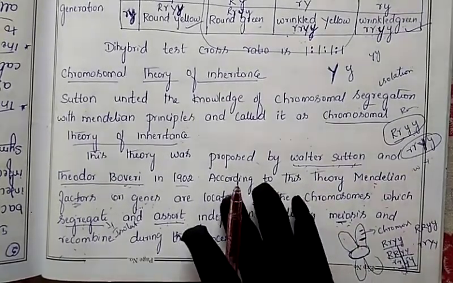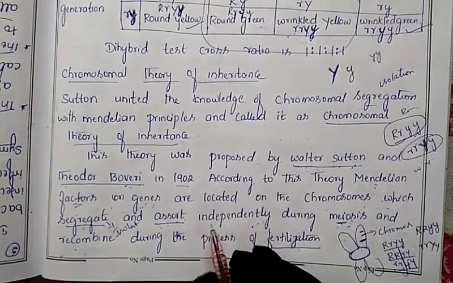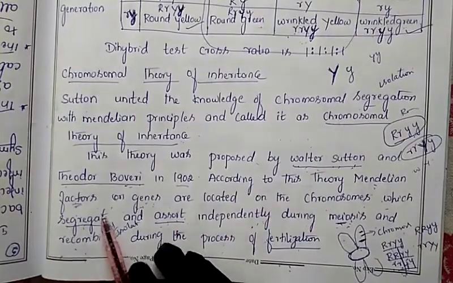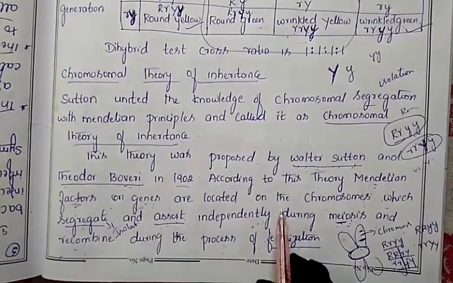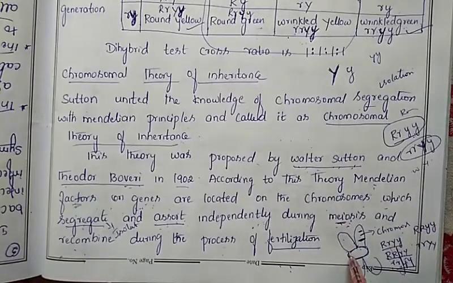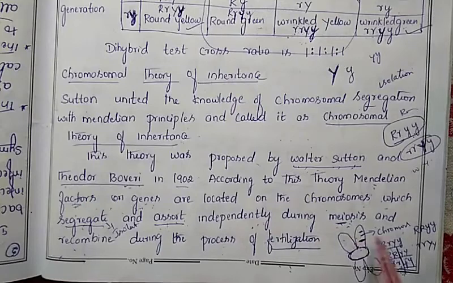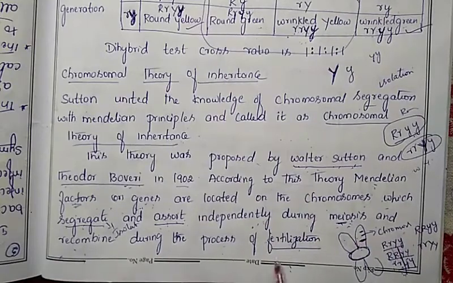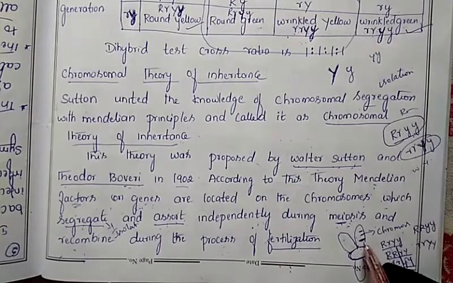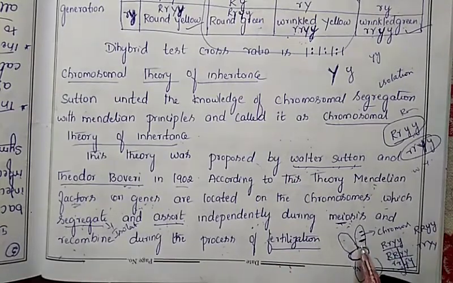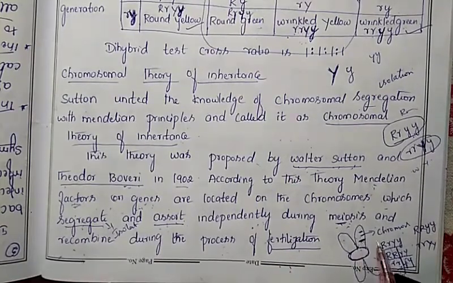So the chromosomal theory of inheritance says that the Mendelian factors are genes, located on the chromosomes, which segregate and assort independently during meiosis and recombine during the process of fertilization. On the chromosome the genes will sit. These genes will get separated.